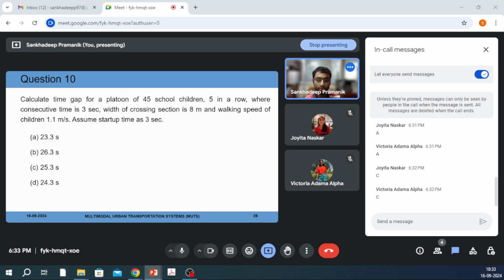Next is calculate time gap for a platoon of 45 school children, 5 in a row, where consecutive time is 3 seconds, width of crossing section is 8 meter, and walking speed of the children is 1.1 meter per second. Assume a startup time as 3 seconds.